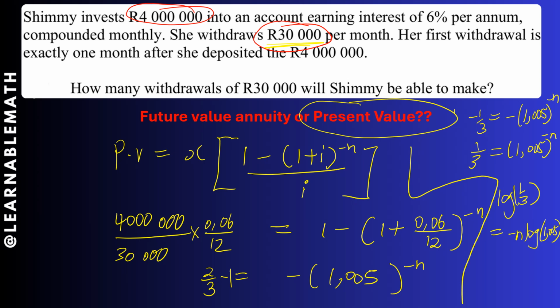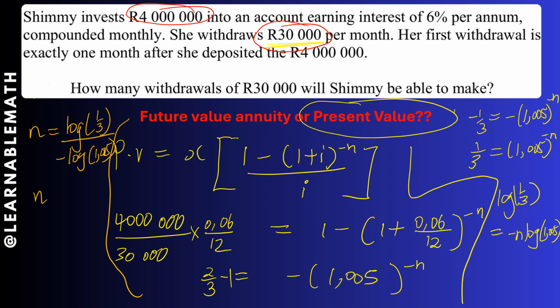So to solve for n, I can divide both sides by negative log 1.005. Maybe let me write it with a different color, maybe orange here. So n will be the log of 1 over 3 divided by the negative log of 1.005.